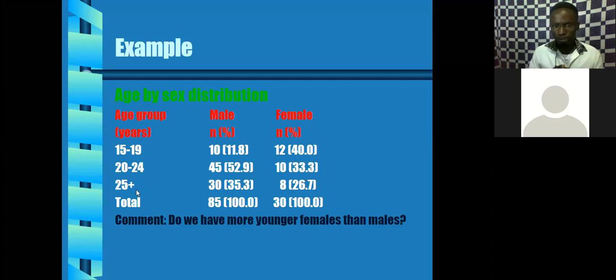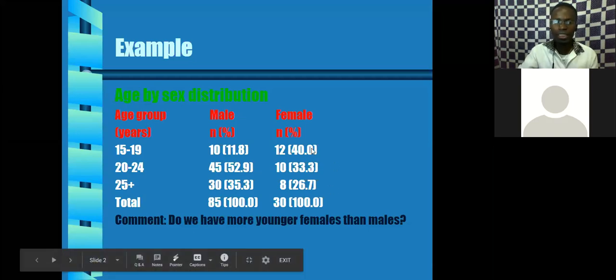Okay, so like I mentioned earlier on, the percentages should be reported together with the raw numbers. So this is the raw number and this is the percentage. Okay, and you don't write a lot of things. You don't start describing. You only write the major findings on the table.